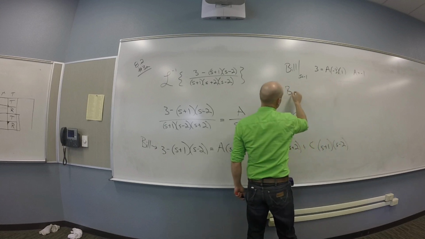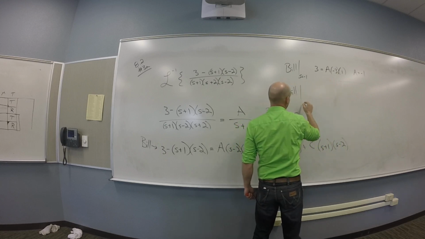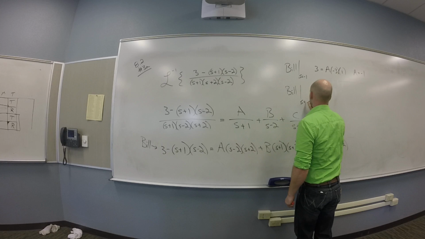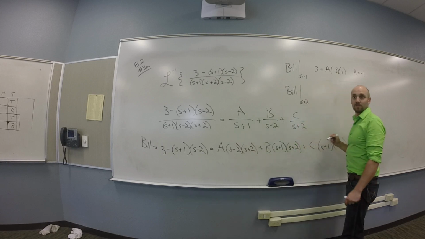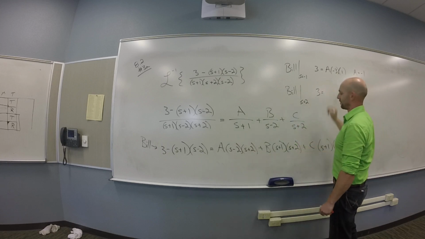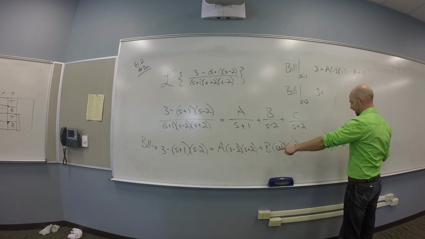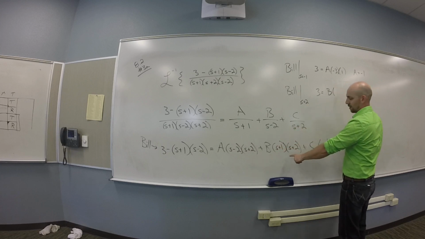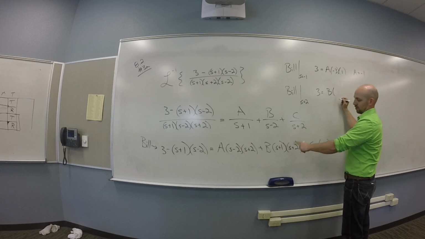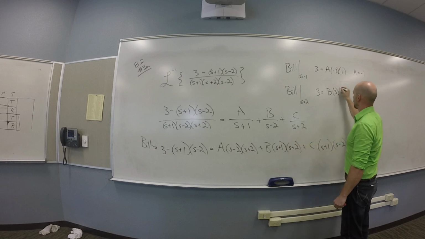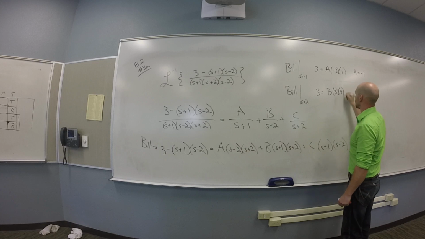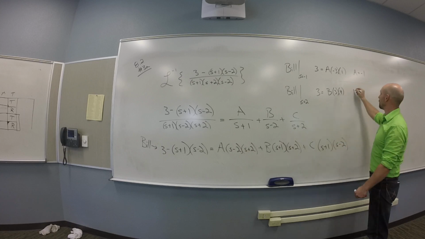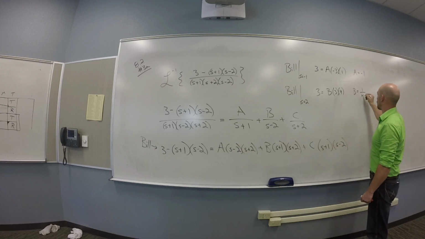Then you take it and evaluate at s is 2. So you're going to get 3 is, let's see, 0 and 0, so you get B times 2 plus 1 is 3 times 2 plus 2 is 4. Cool. So B is a quarter.